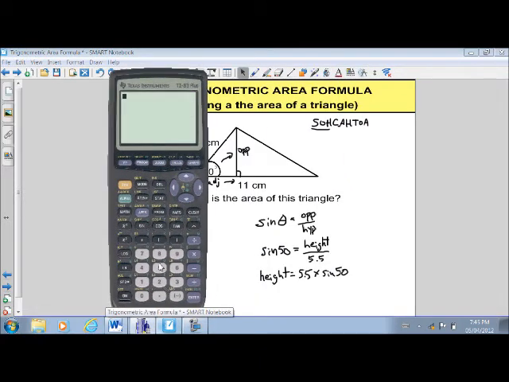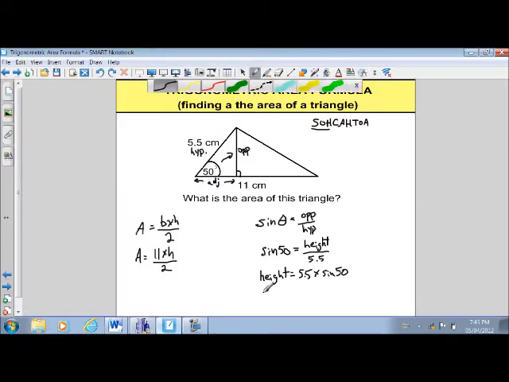Make sure when you're doing trigonometry with the calculator that you're in degrees. We're in degrees here, so that's good. So we have 5.5 times the sine of 50, and that gives a value of 4.21. I'm just going to go with 4.2. So the height of this triangle equals 4.2 centimeters.